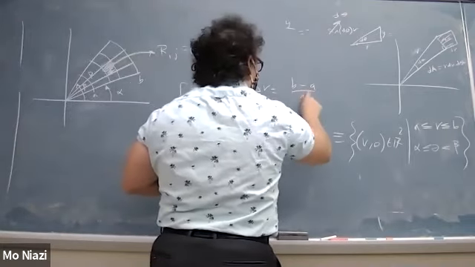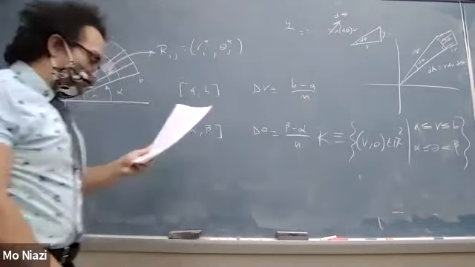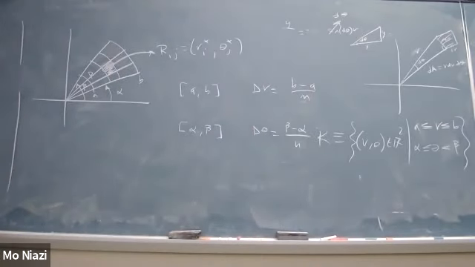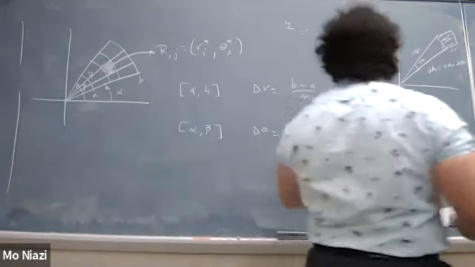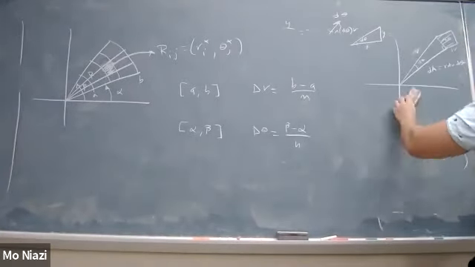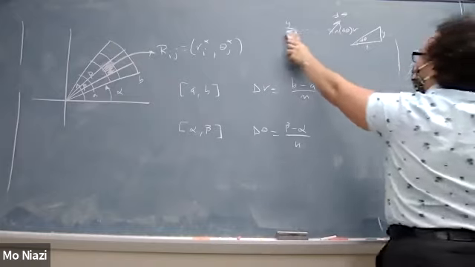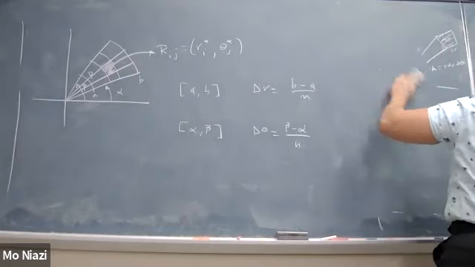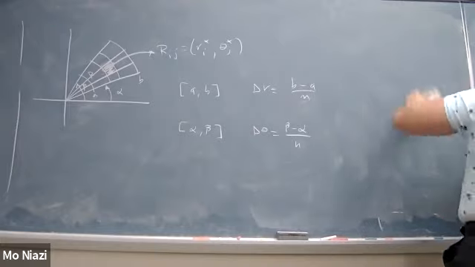I'm not cutting it in half, I'm cutting it into infinitesimally small pieces, because we're going to take the limit as m and n approach infinity. That's what we're going to do.